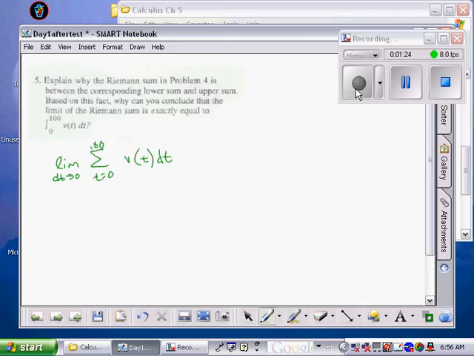Remember that we had one that looked like this, and then we had one with h approaches infinity. When you put a limit out in front of that summation, that makes it an integral, because that's what this is the definition of. It's a definite integral. Definite means we have bounds, so we're going from 0 to 100 of v of t dt.